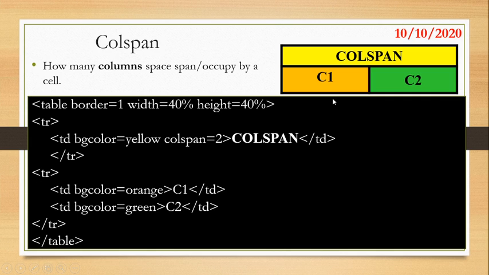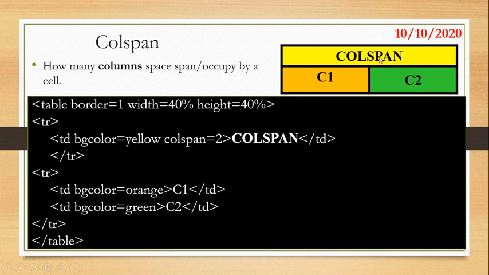So we have to create the first cell of the second row, so you have to write td, and the background color is orange, so you have to write bg color equal to orange. Then you have to write the text, that is C1. Now we have to close the td since we have finished with the first cell of the second row.